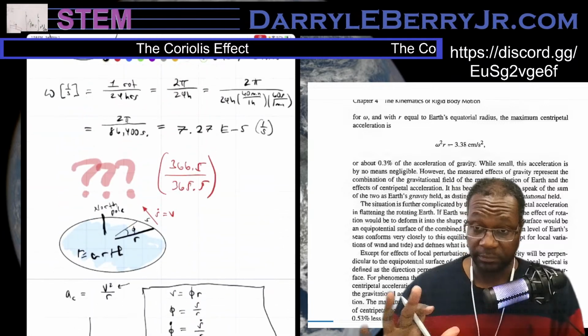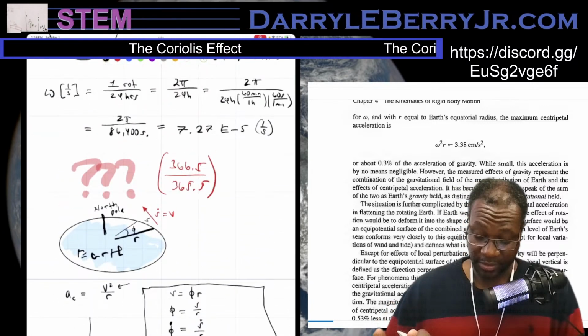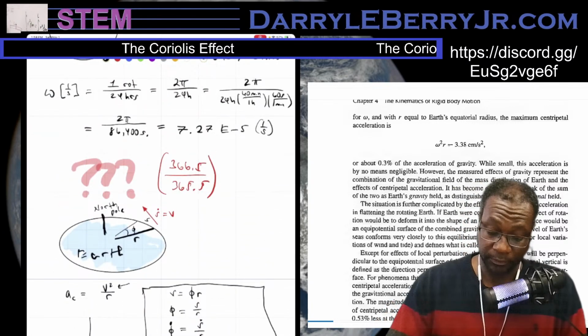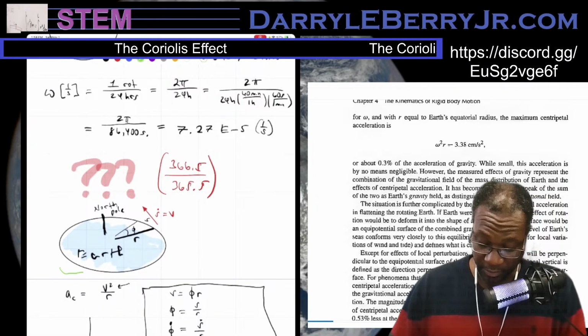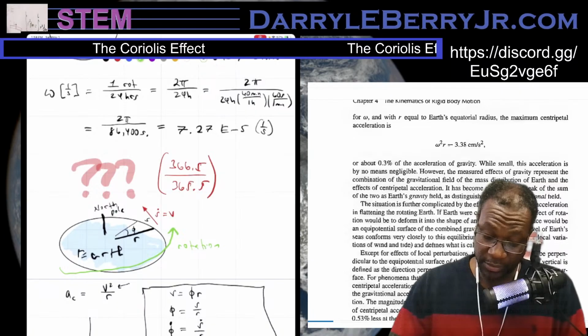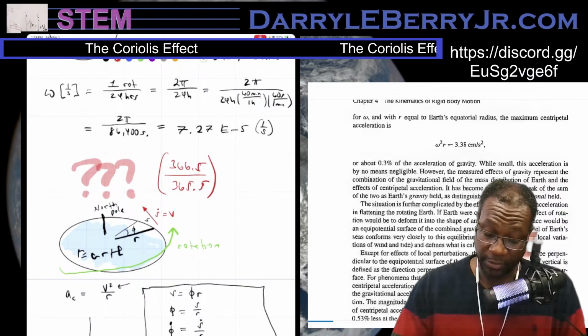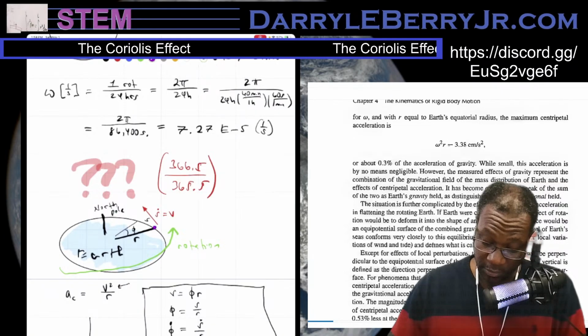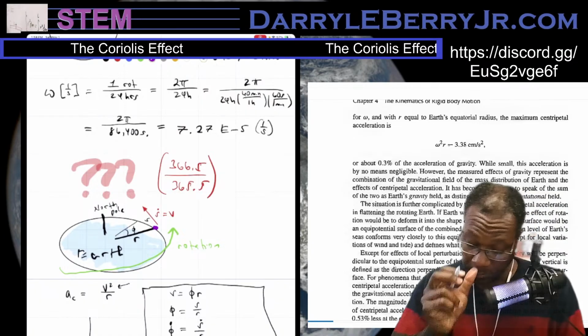So to make sure I'm clear, since I changed it up a little bit, this is the Earth rotating this way. And this is a point on the Earth's surface.